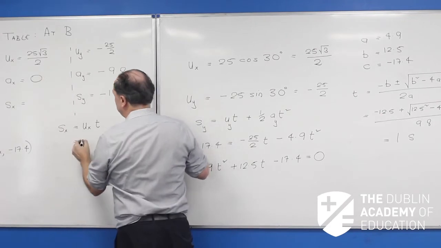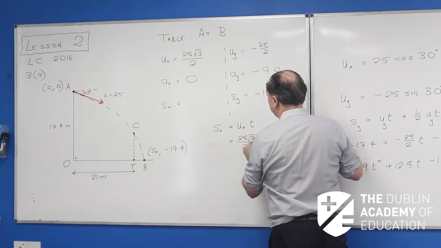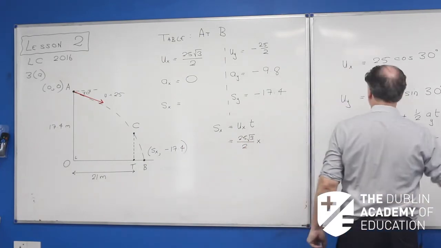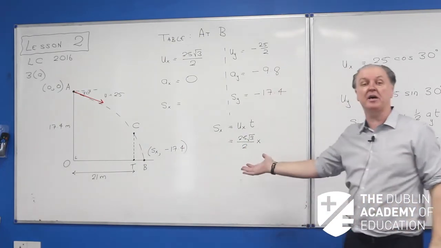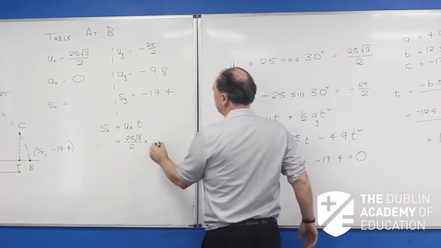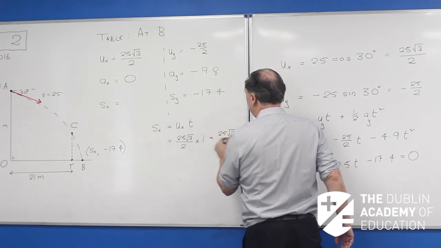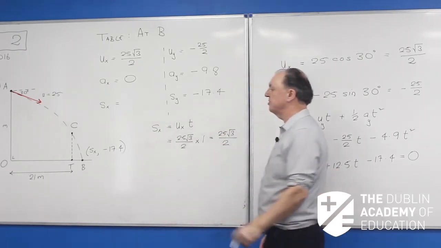UX is 25 root 3 on 2, multiplied by 1 second. Remember, time on the y side can be carried into the x side. So my answer is 25 root 3 on 2 meters.